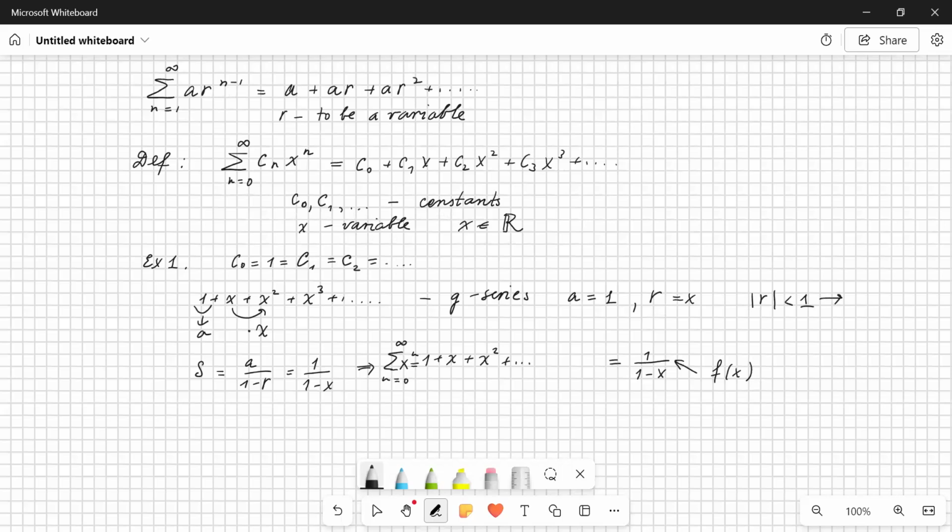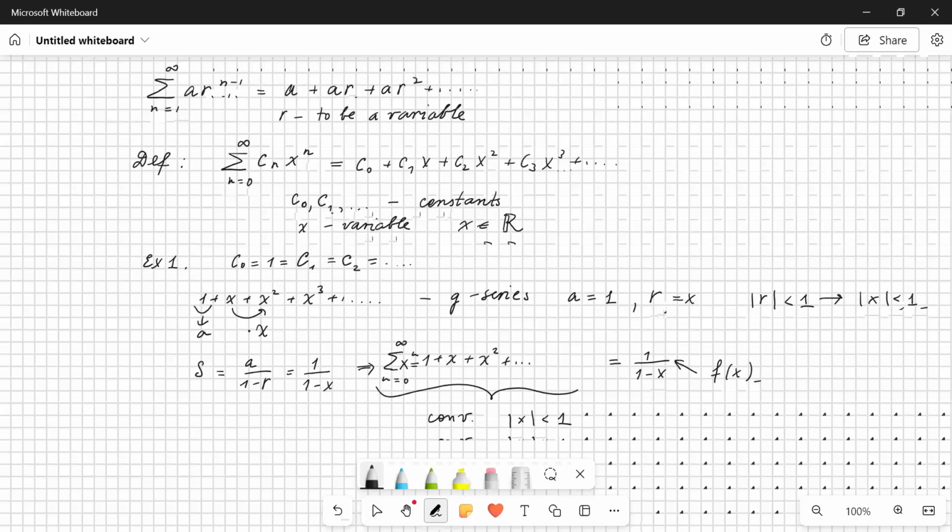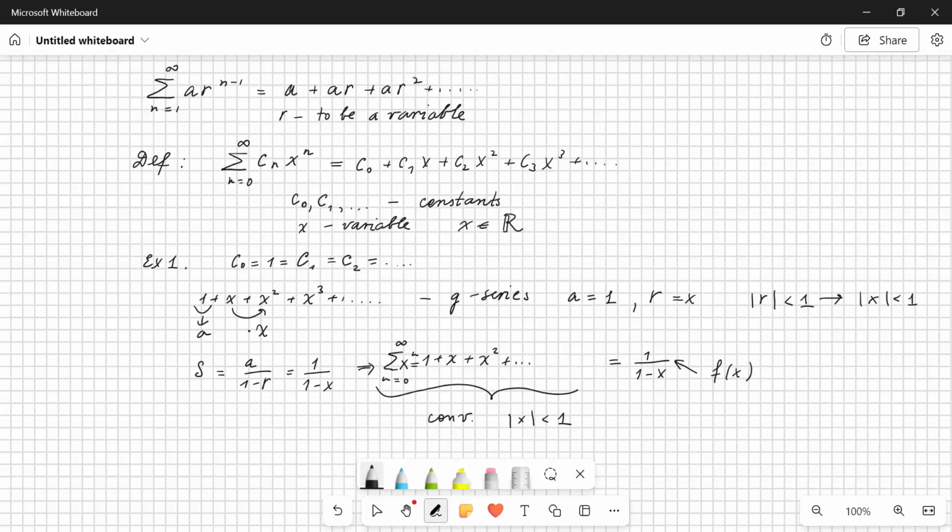Convergent. In our case, we are going to have the absolute value of x less than 1. So this series is convergent when the absolute value of x is less than 1. So for all such x, it's going to be a convergent series, and the sum of the series is going to be 1 over 1 minus x.